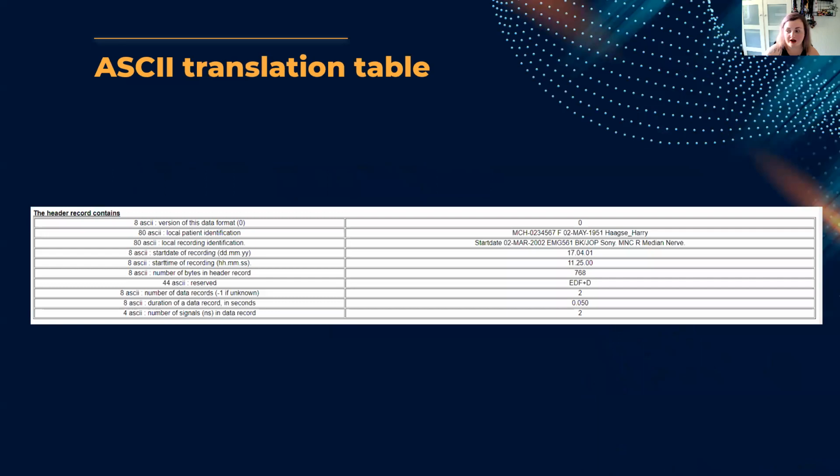Now, this is an ASCII translation table to give you an idea of how you can actually parse out the header file. As you can see, there is a start date, there's a local recording identification. This table is freely available. There are resources for it.